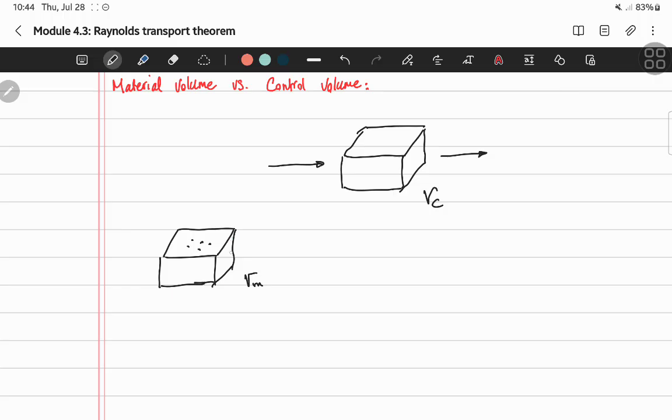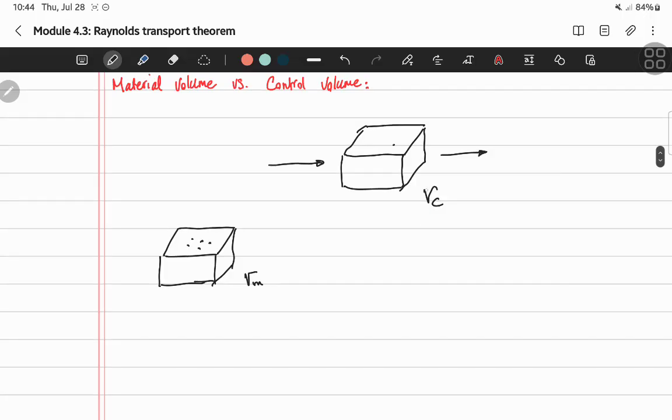So we select five gas molecules and we move with them. So it is constant. But for VC, the control volume, this is not constant. At a time instance, it could be, for example, 3, at another time instance it could be 5, at another it could be 1. So basically, this is changing with time.